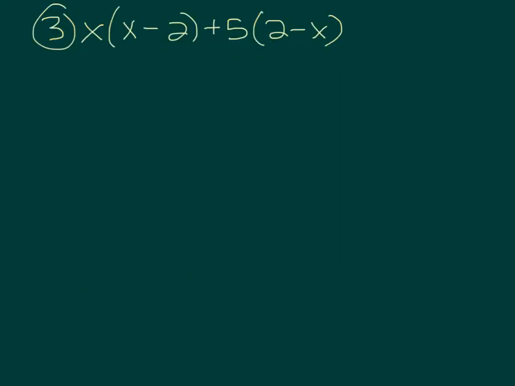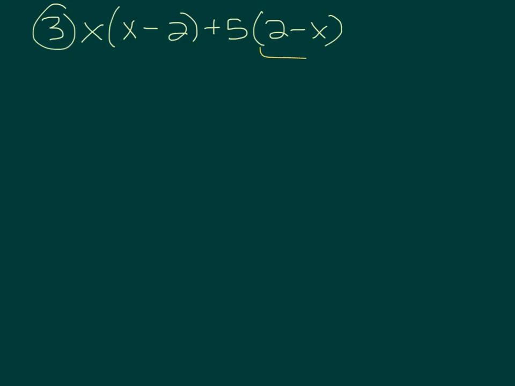So here's another one that we're going to factor by grouping. It's one step harder than the previous two because you have things in the parentheses that are really, really similar but not quite the same. Just note that x minus 2 and 2 minus x are not the same thing. However, if you were to factor out a negative one, they would become the same.